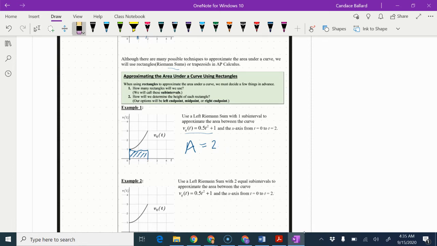Let me put it into the function for you. Okay, so the base we know is 2 wide. For the height of the function, I would take this 0 here, because we started with our x value of 0 to calculate our height, and I put it into this function. So 0.5 times 0 squared plus 1. Well, that's going to make this 0, so my answer there would be 2 times 1, which is just 2.